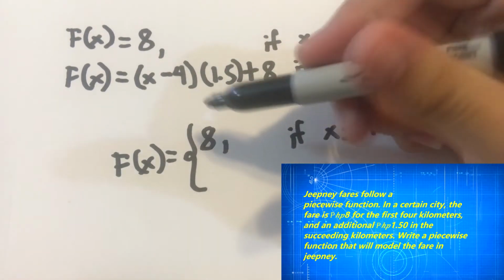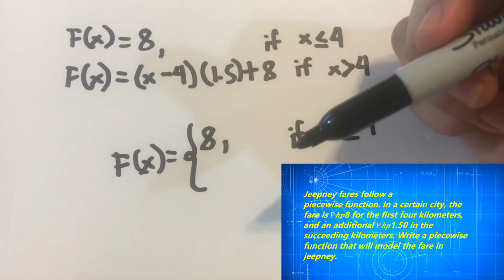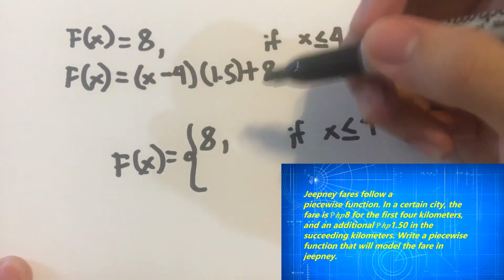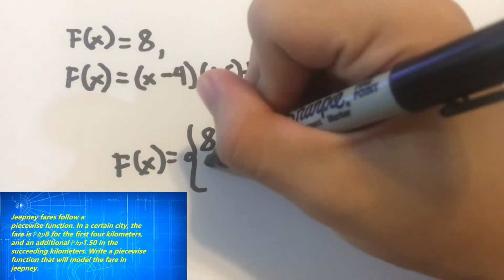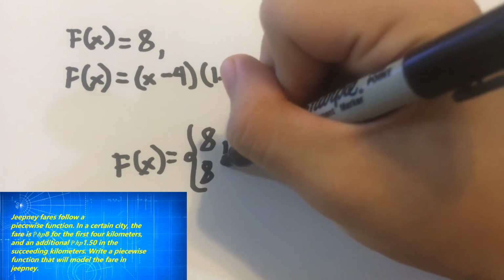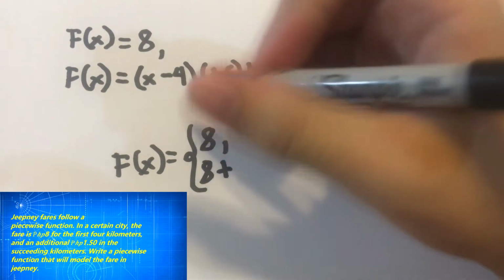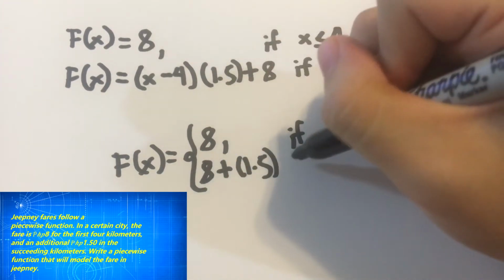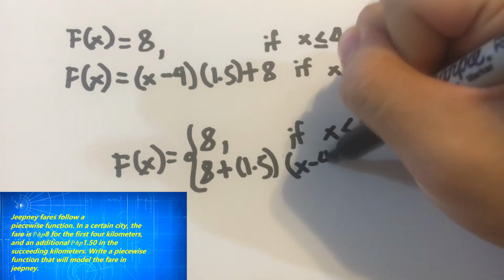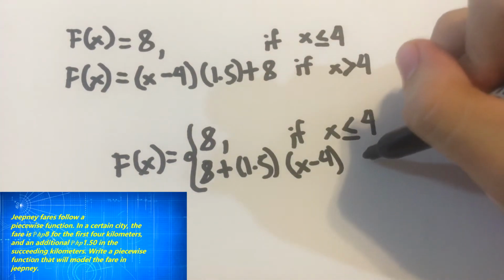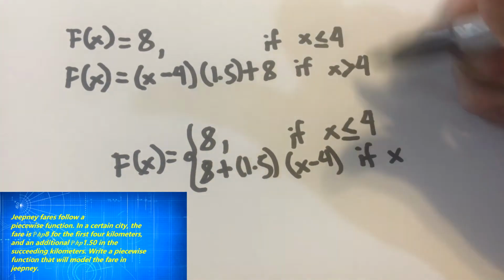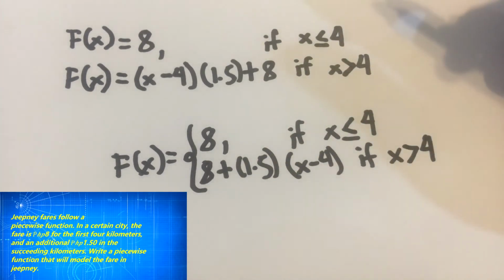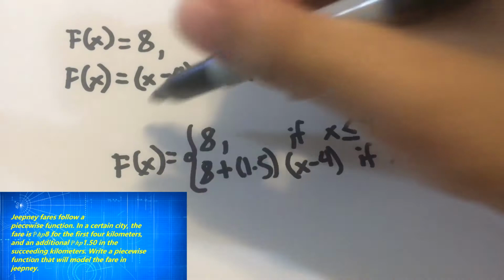We don't really need to write a peso sign here because we are making a piecewise function model. And then the second case, which is still 8 pesos, plus the additional fee of 1 peso and 50 centavos times the consumed distance, which is x minus 4, if x is greater than 4. So here we have our piecewise function model.